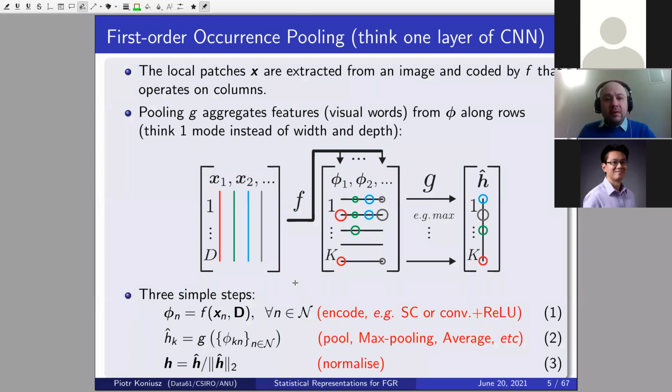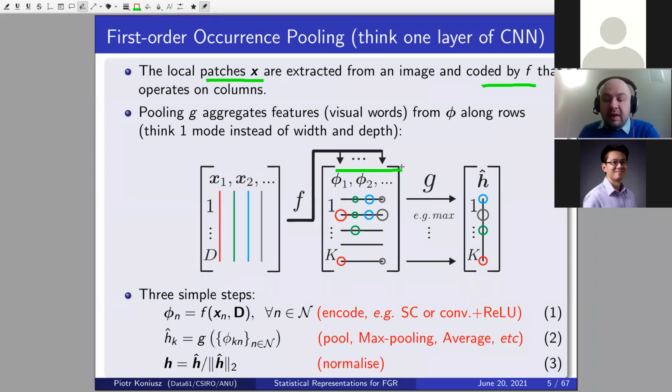So I want to talk about pooling in general, firstly, because those power normalizations are often in one way or another done during the pooling step. Just to give you an idea, imagine that you have some patches or maybe feature vectors extracted from a convolutional layer. You can encode them by some function f with convolution. You obtain features psi.